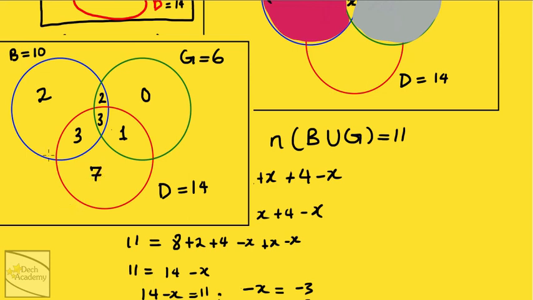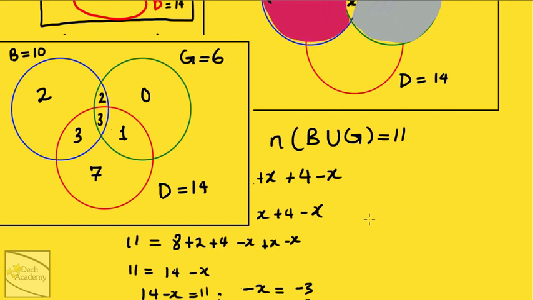So the total number of buses is simply given by adding up all the numbers here. And that is 2 plus 2, which is 4, plus 3, which is 7, plus 3, which is 10, plus 7, which is 17, plus 1, which is 18. So there are 18 buses in total.